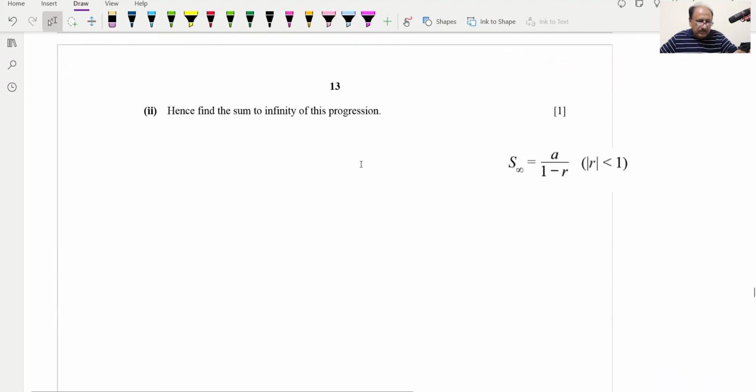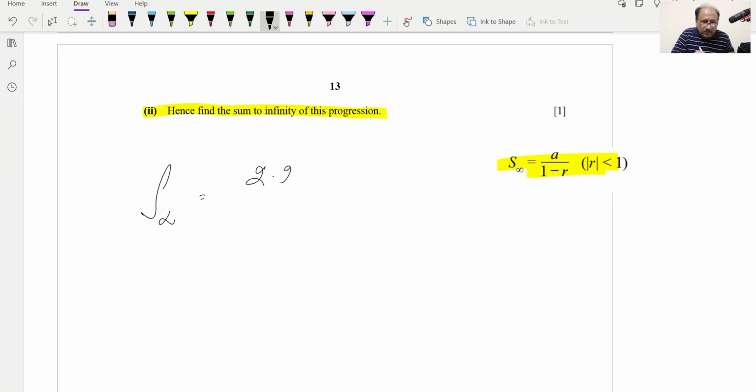Then they are saying hence find the sum to infinity of the progression. So this is the sum to infinity formula. S infinity will be equal to a, which is 2.25 we just found, divided by 1 minus r, where the r value is 3 by 4.